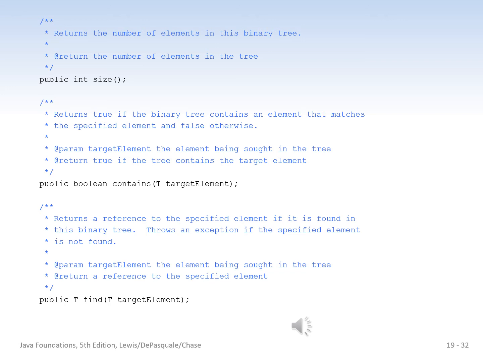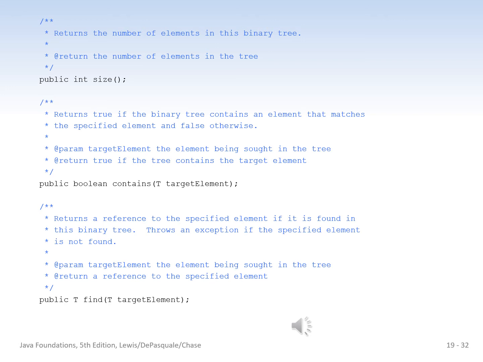We have contains, which has a parameter of the target element, which is type T, generic, and it returns a Boolean. It will return true if the target element is contained within the tree.